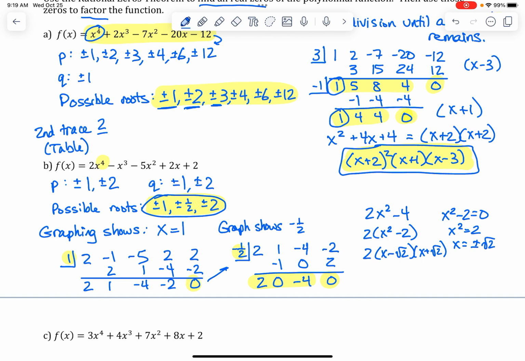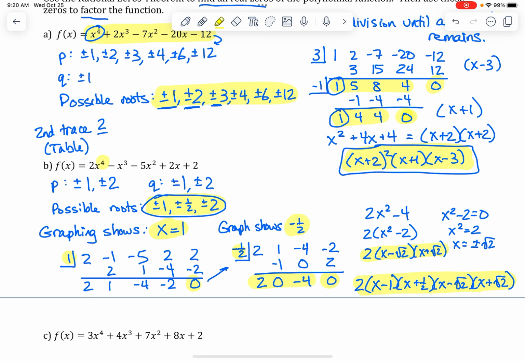So if we take the factors that we got graphically, x equals 1, x equals -1/2, and then the 2 factors we just figured out here, we can combine it all into our final answer of 2. Doesn't really matter the order, but I'll go x minus 1, x plus a half, x minus root 2, and x plus root 2. So we just factored a 4th degree polynomial using synthetic division.